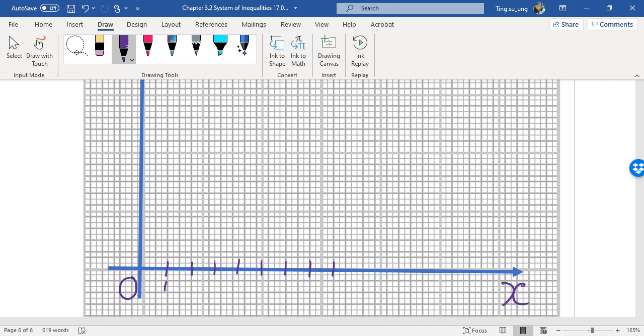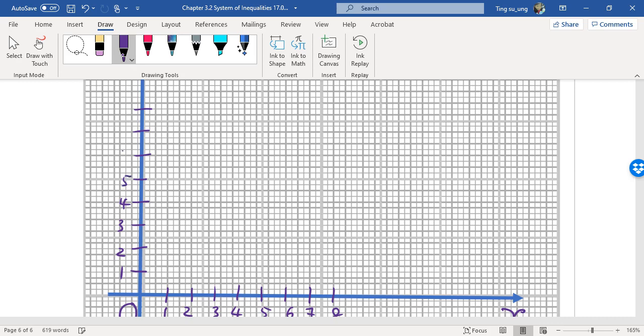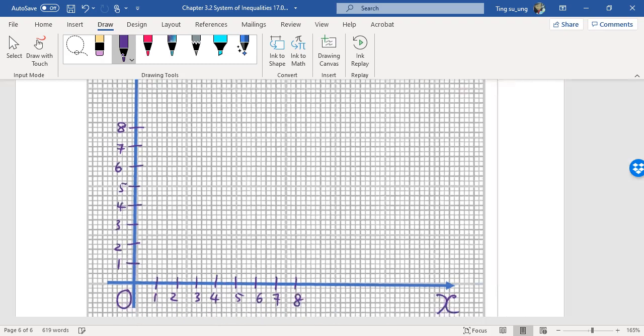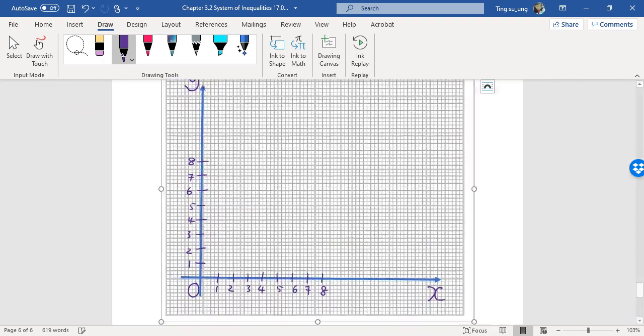So you have 1, 2, 3, 4, 5, 6, 7, 8. Same goes with the y-axis. Just continue 7 and 8. Okay, so obviously you have this. So you may start already.